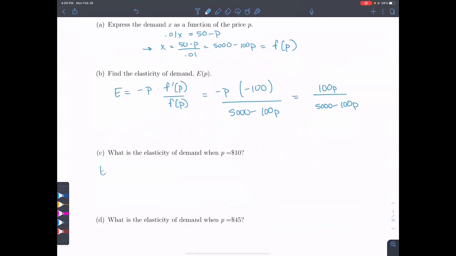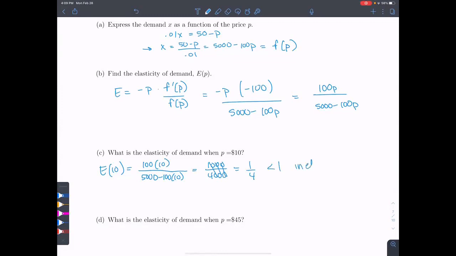What is E of 10? We'll be looking at 100 times 10 over 5,000 minus 100 times 10. And that is 1,000 divided by 4,000. So that's 1/4, which is smaller than 1.